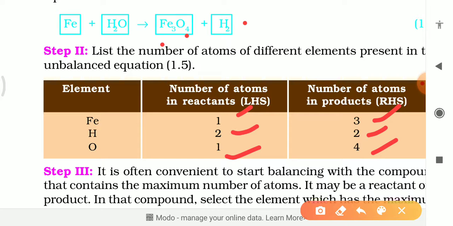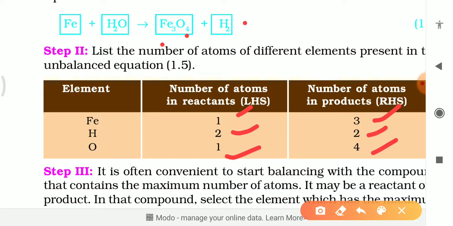On the left hand side, iron has 1 atom and on the right hand side, iron has 3 atoms. Hydrogen is 2, and on the right hand side also 2. On the left hand side, the number of atoms of oxygen is 1, and the number of atoms in the products is 4.